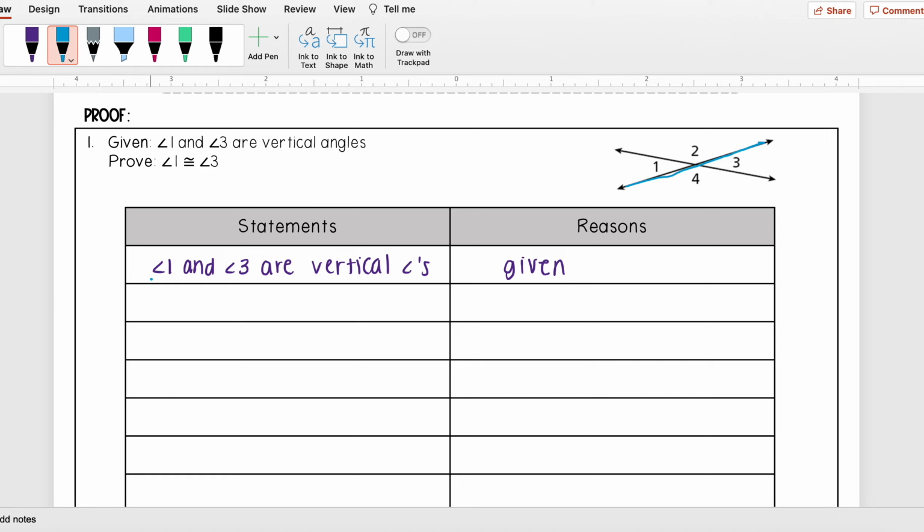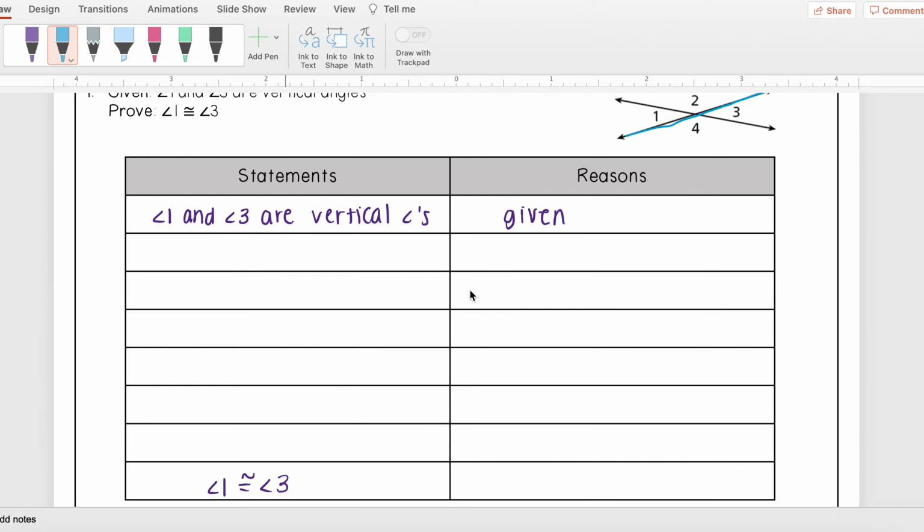So angle 1 and angle 2 form a linear pair. And I also see that angle 2 and angle 3 form a linear pair.